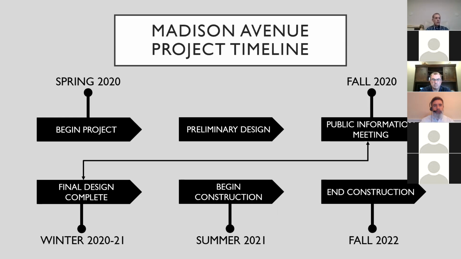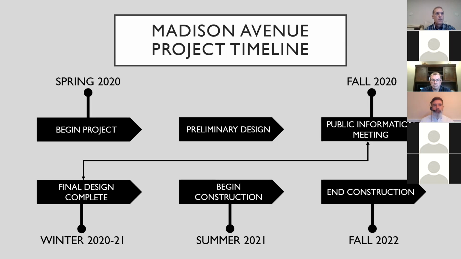Project timeline. The design of the project got started in spring of 2020, and we've advanced through preliminary design, which leads us to the fall of 2020 right now, which is why we're having this public information meeting. Moving on from the public information meeting, we are working to complete final design in the winter of 2020 or 21.